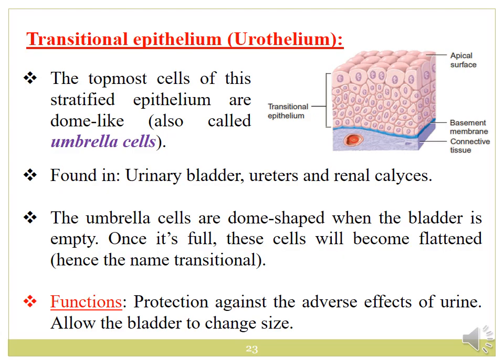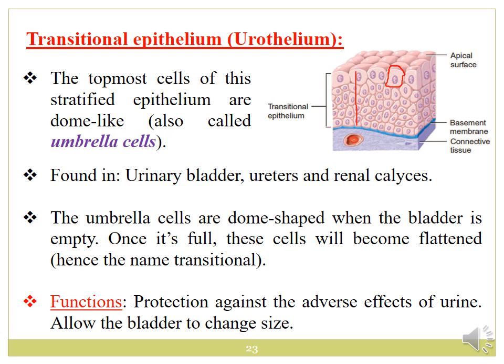Transitional epithelium, also called urothelium. This is a stratified epithelium. Notice how we have multiple layers of cells here. The topmost layer of the stratified epithelium is dome-like. So here's the cell, and the upper surface of the cell is dome-like.